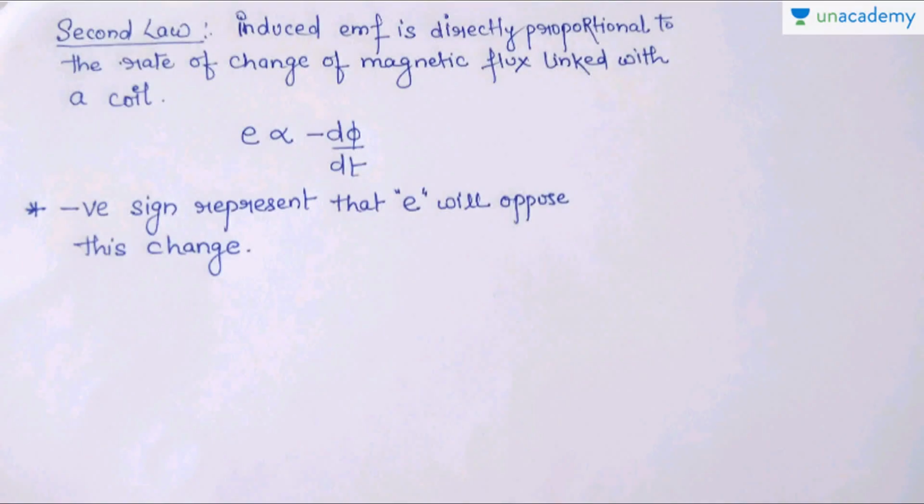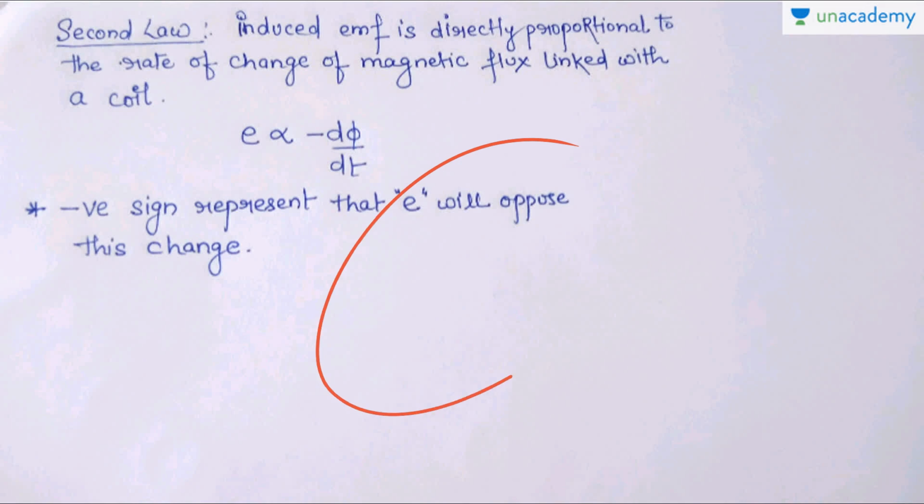So, ladies and gentlemen, what is the second law of Faraday? Faraday's second law states that the induced EMF is directly proportional to the rate of change of magnetic flux linked with a coil.